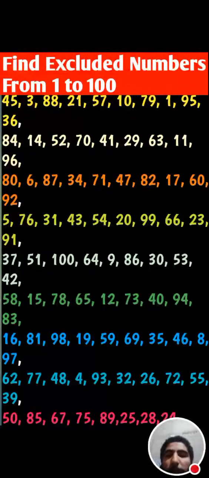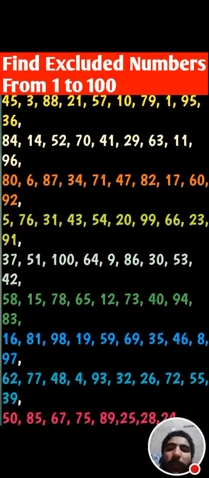So we have to find the number 19. The number 19 is presented from the bottom, row number 5, the fourth number after 98 is 19.